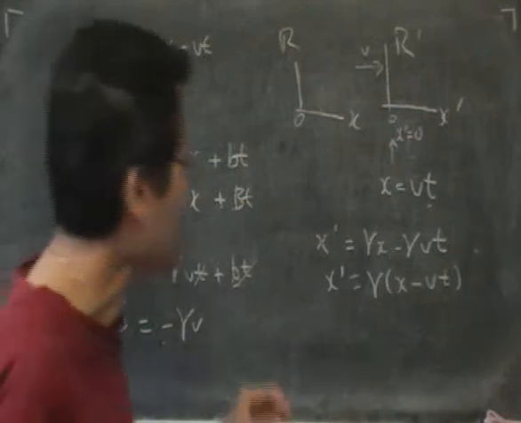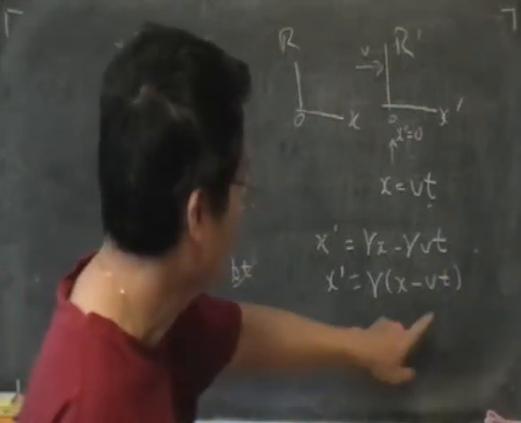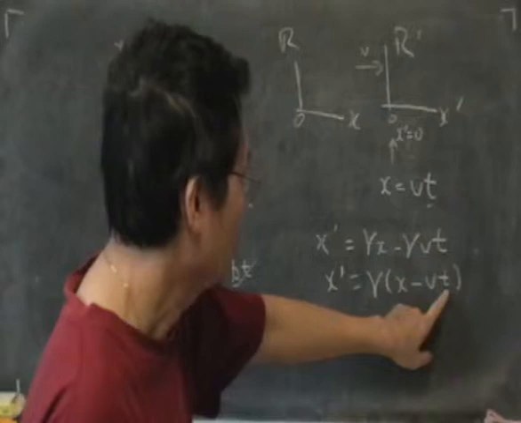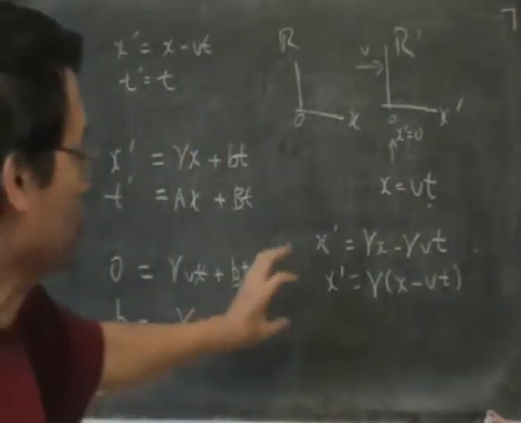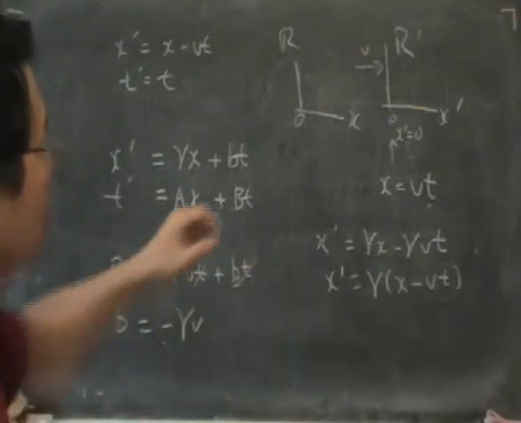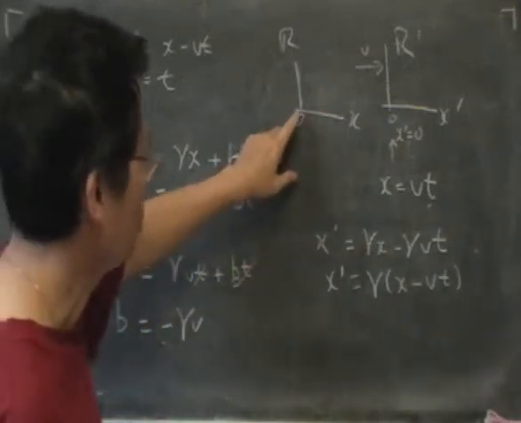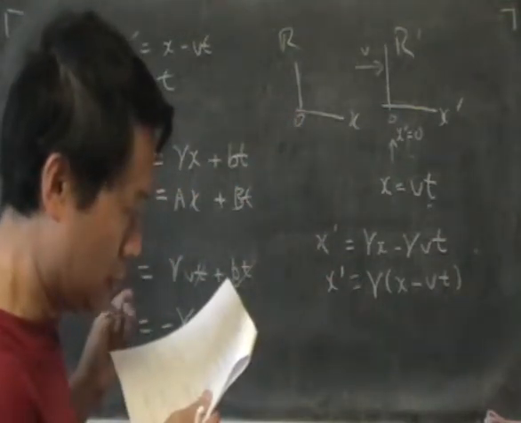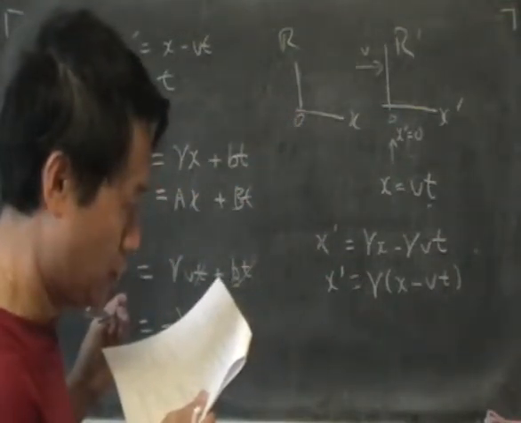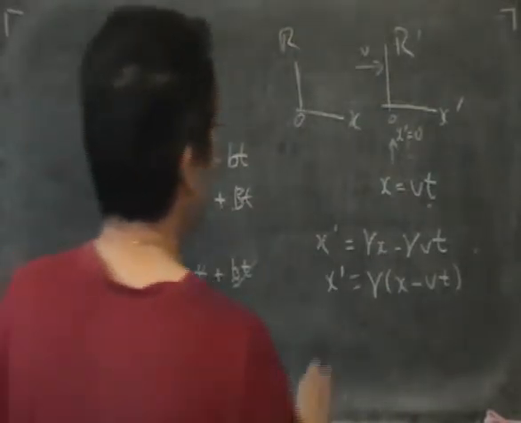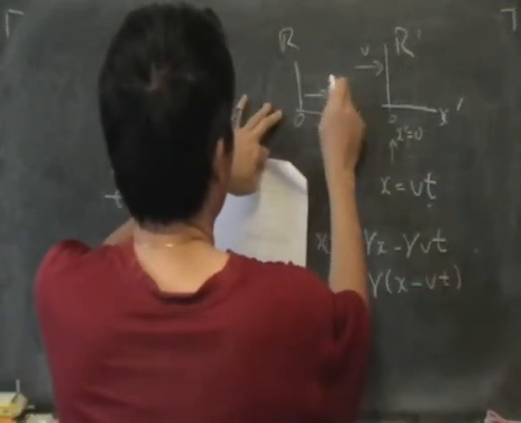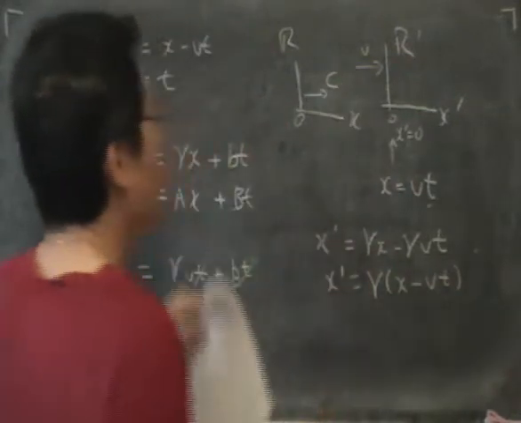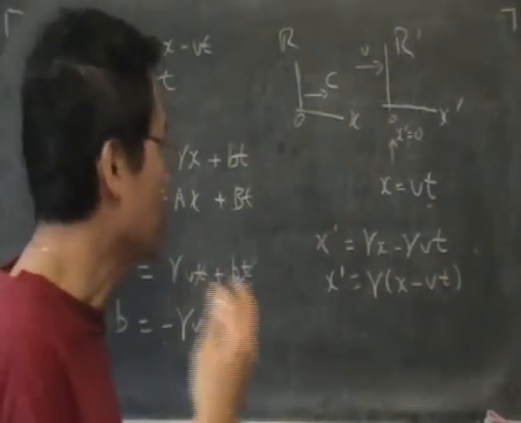Okay, now let's do a little bit more. Now let's think about the speed of light. I have this relation. Now if I have a speed of light, say traveling out from this origin, starting from t equal to 0, I have a light going out in this direction, and it would go out at the speed of c.